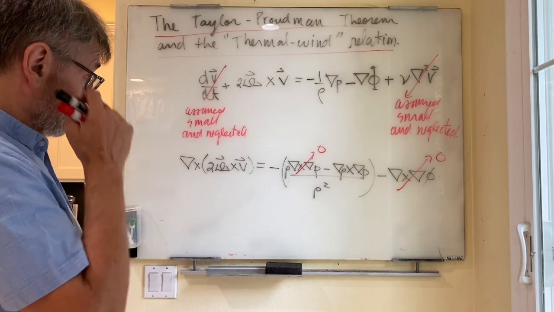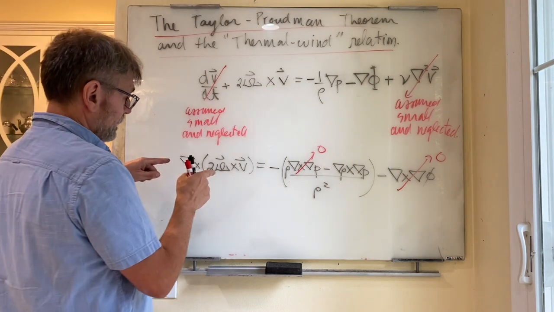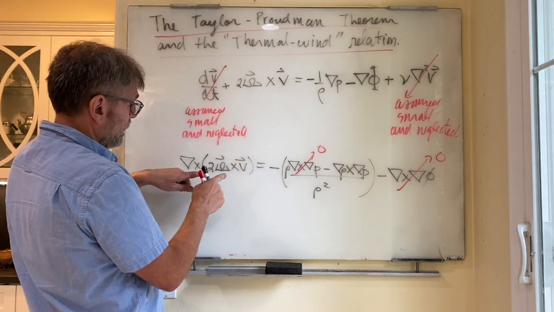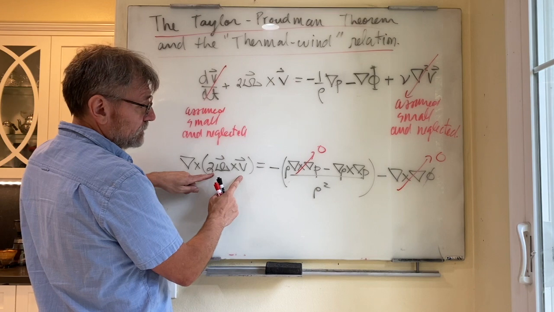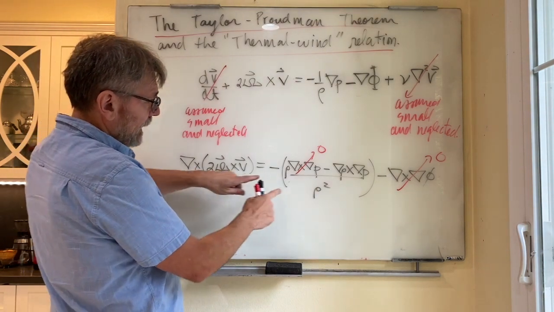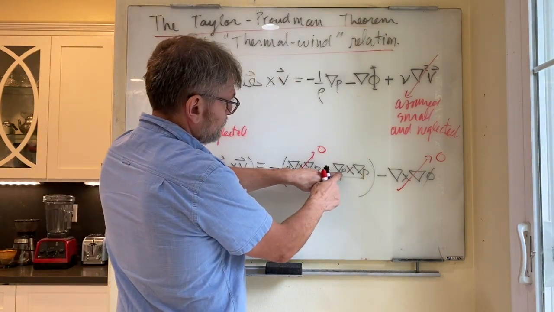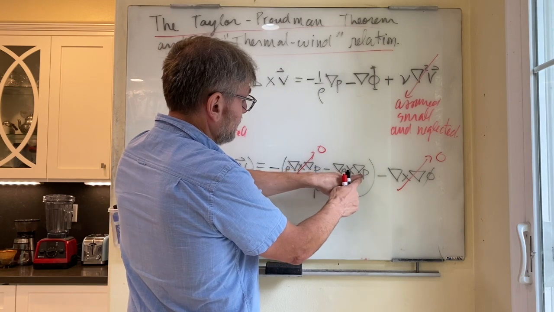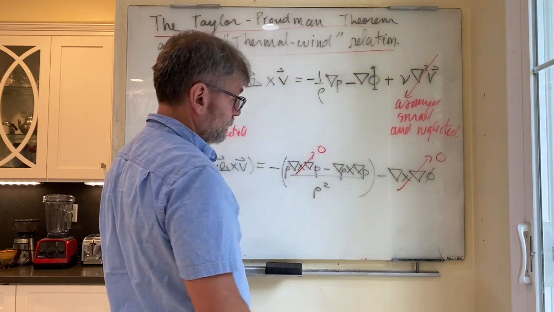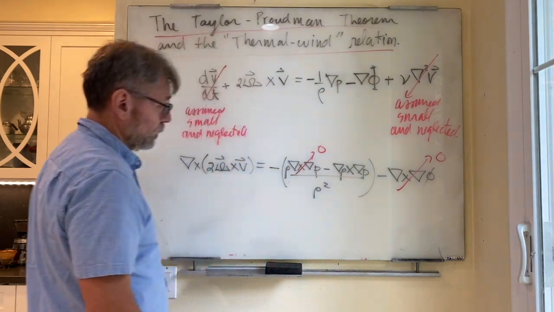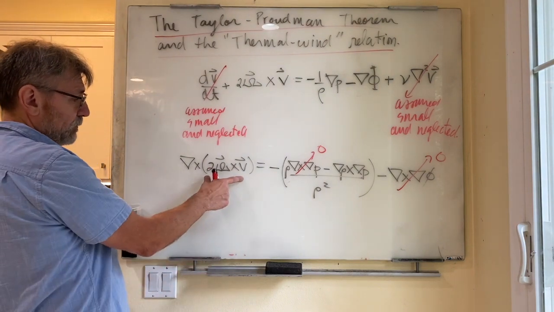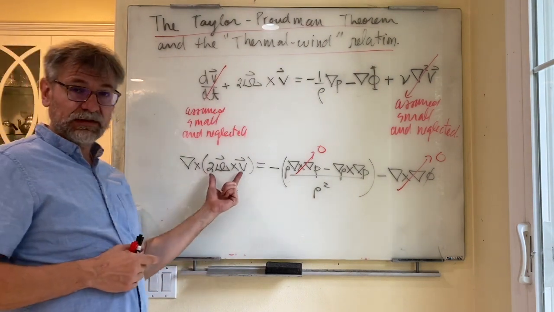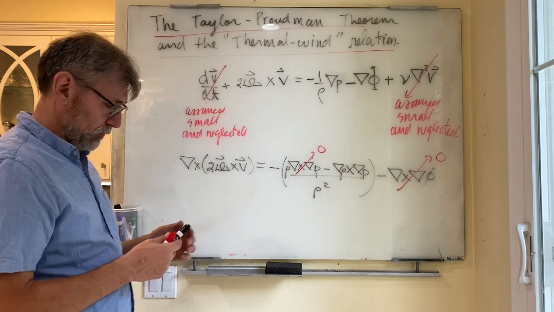What we are left with is this curl of the cross product of two vectors on this side, and the cross product of the gradient in rho and the gradient in P, or an expression involving the gradient of P crossed with the gradient of rho. So let's figure out what this expression is, and here there's a vector identity which we can use, which I will write out right now.